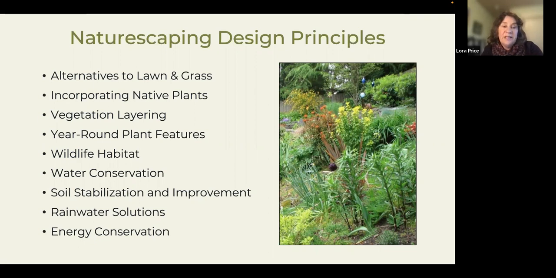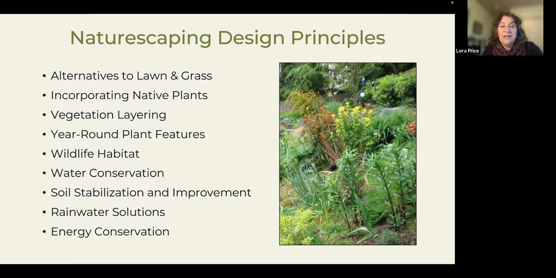And speaking of mimicking nature, we encourage vegetation layering. And again, we'll describe all of these as I go through. And year-round plant features, both in terms of food and pollination and shelter, etc., as well as our own aesthetic pleasures of year-round features.